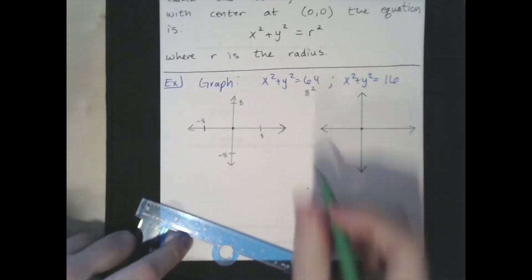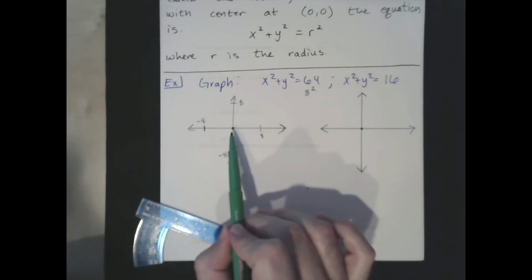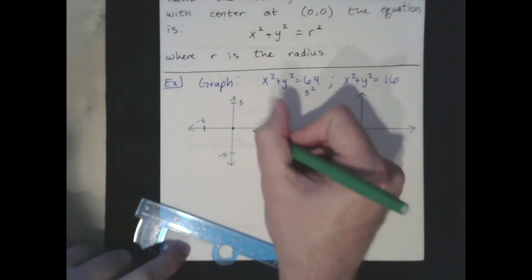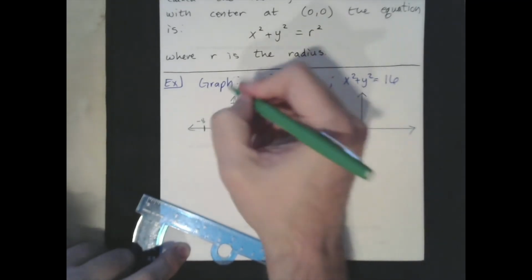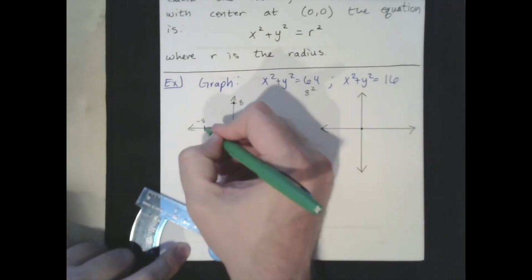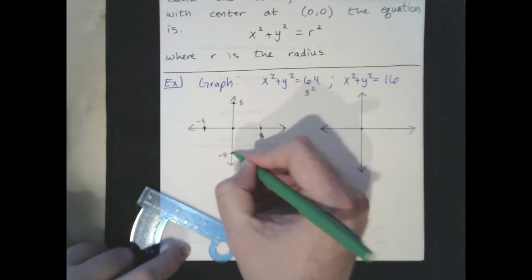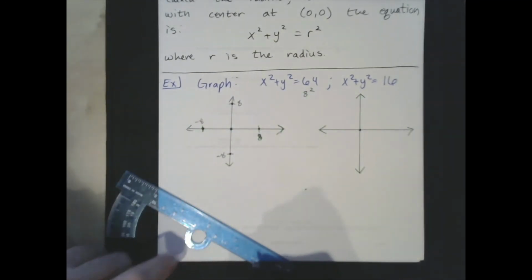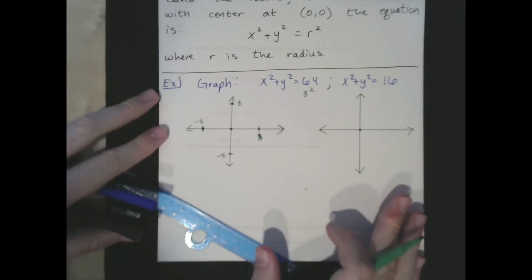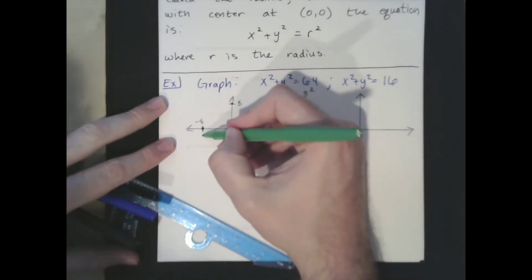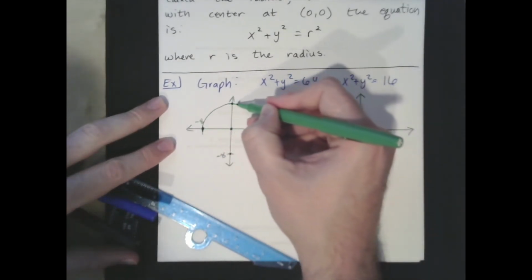And the way that circles work, when they're centered at 0, you will always have these 4 points. The other points are harder to make, and you're going to see how terrible my circle drawing skills are in a second here. But we just draw a circle connecting these 4 points.